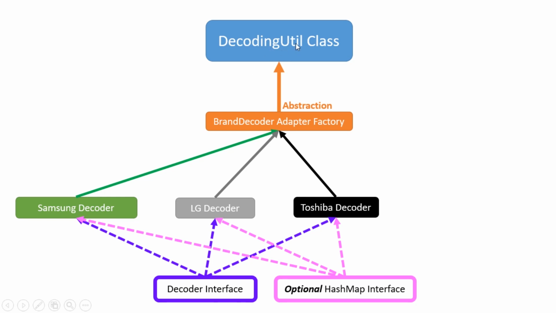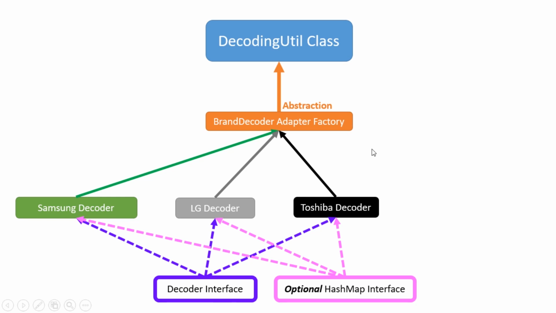The decoding utility class will no longer need to know the implementation of each of the Samsung decoder, LG decoder, or Toshiba decoder. It only needs to know that it requires this kind of function, but it doesn't need to know any implementation of that function.